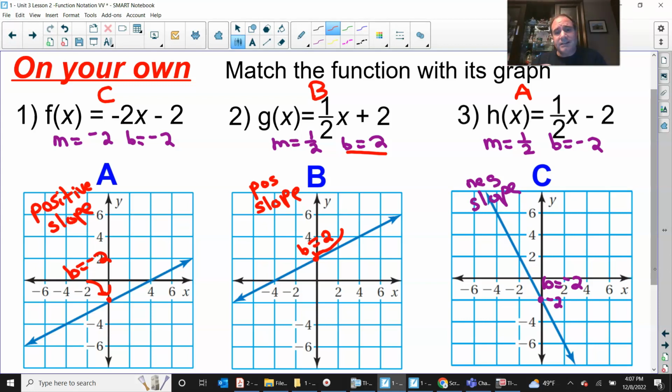Two, you're checking to see where it crosses the y-axis. Then the last thing that you do is actually the rise over run. I didn't need to do any of the rise over runs for any of these. I was able to match any graph with its function just by looking at the y-intercept and looking to see if the slope was positive or negative.